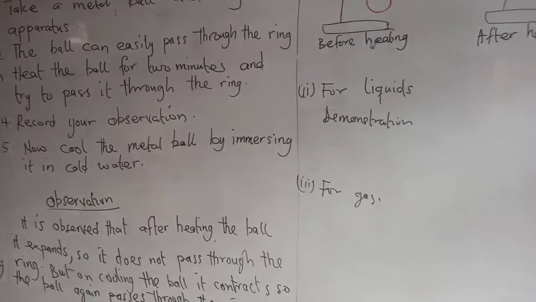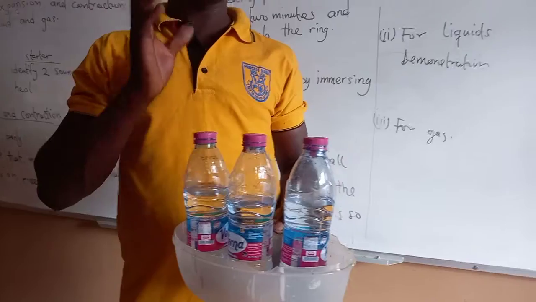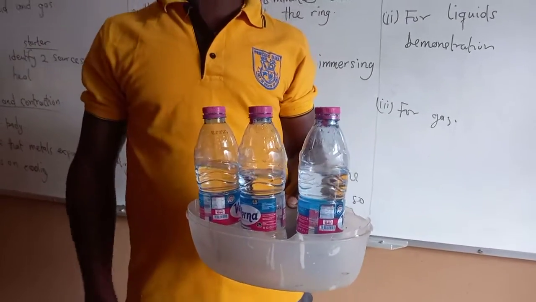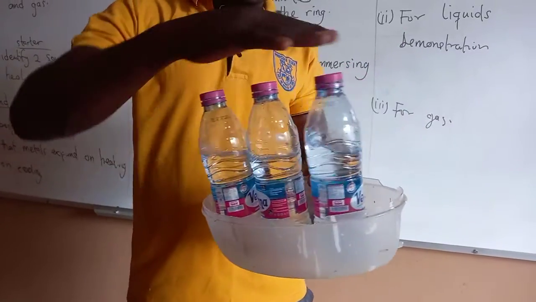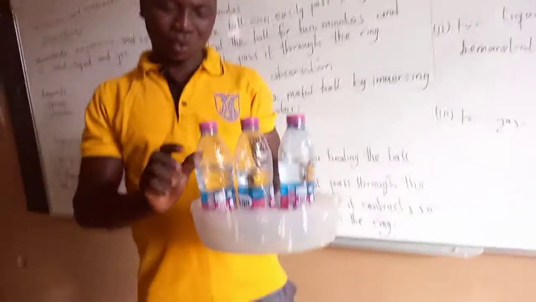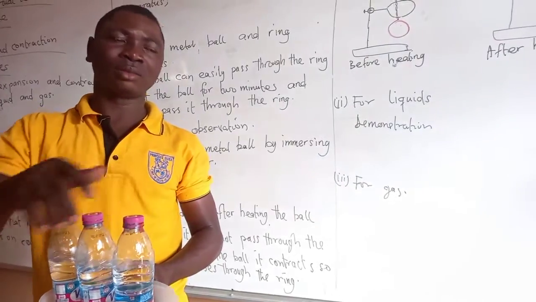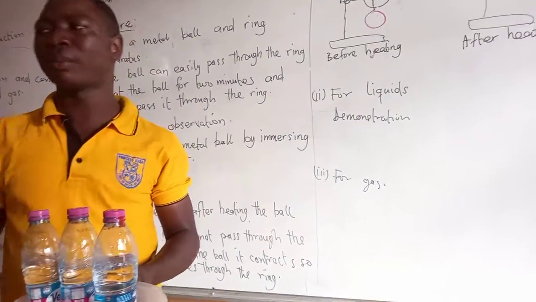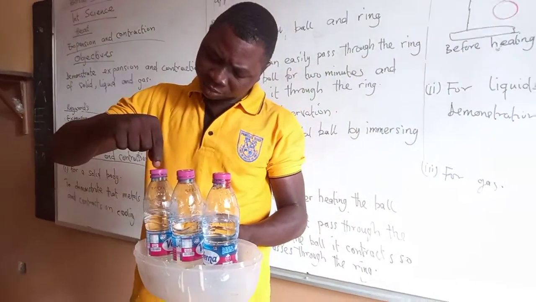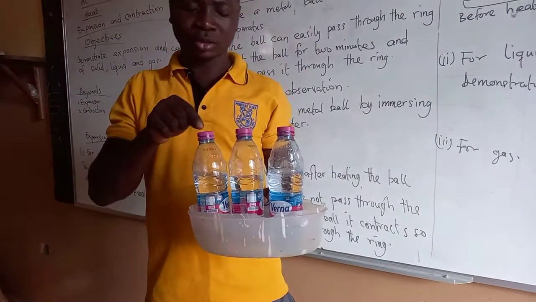Take 3 bottles, 3 similar bottles of the same capacity, the same like this one of mine. Fill one with water, one should be kerosene, and one should be oil, palm oil. After filling it, put a straw inside.